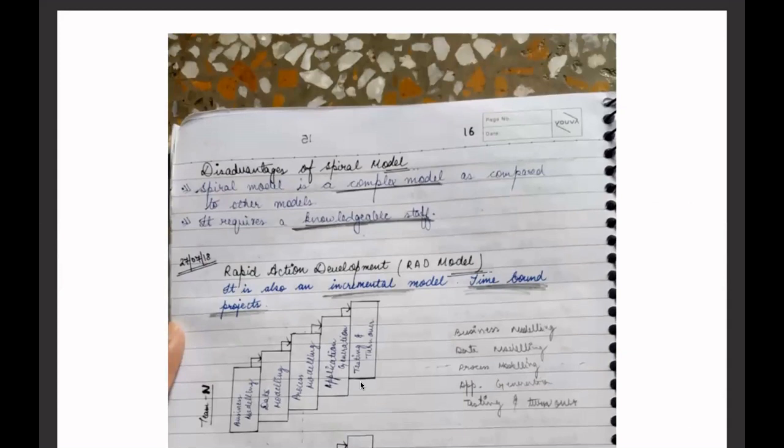Disadvantages of the spiral model: here, I mention two disadvantages. The spiral model is a complex model as compared to other models.